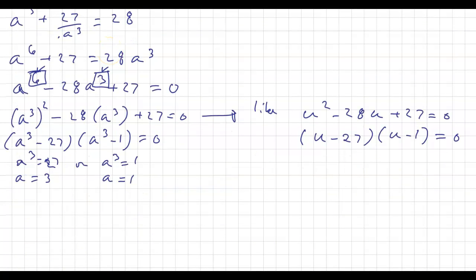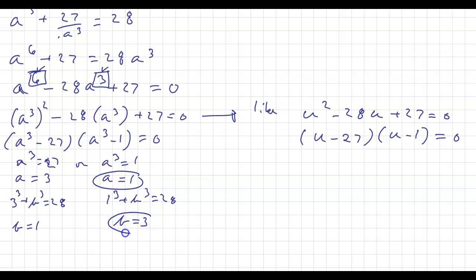So once I have a calculated, this would lead me to b equals 1, and this one would lead me to b equals 3. So either a is 1 and b is 3, or a is 3 and b is 1. It doesn't matter which one you use because x is a plus b, and regardless, 1 plus 3 equals 4.